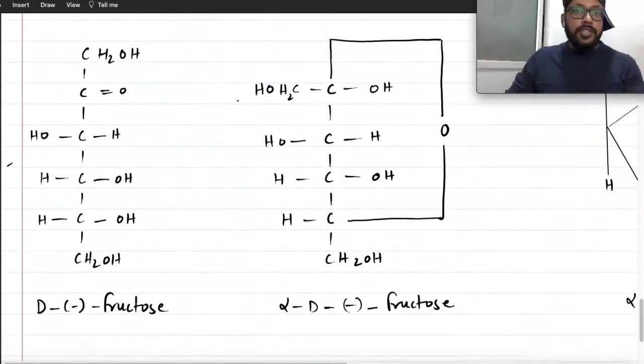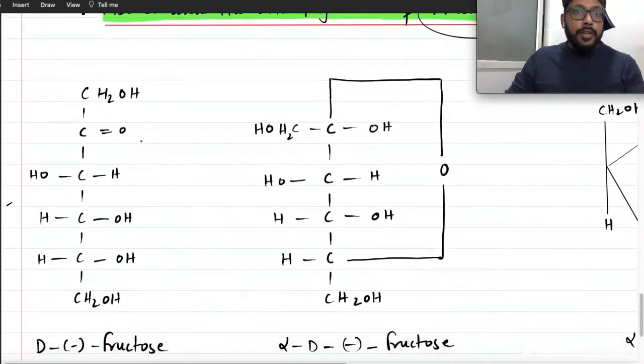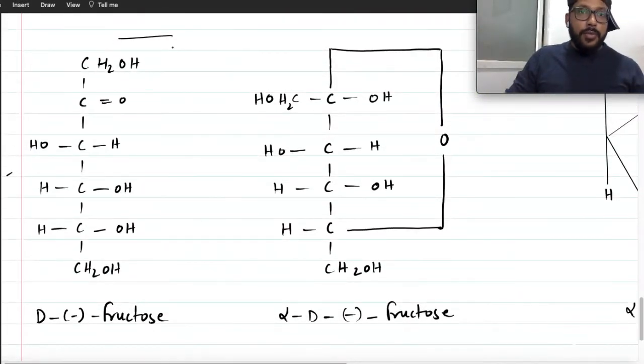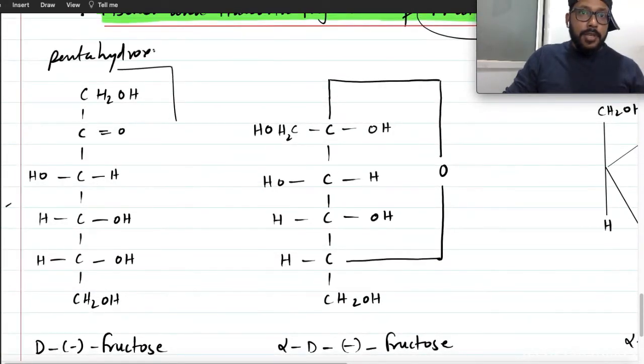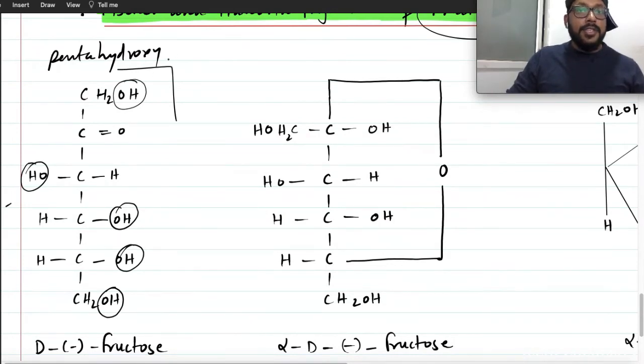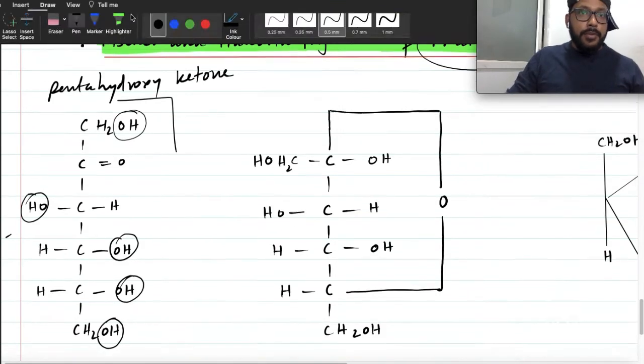So this is your fructose, and as you can see the formula, pentahydroxy means there are 5 OH, 1 2 3 4 5, and this is not an aldehyde, this is a ketone. So it is called pentahydroxy ketone.